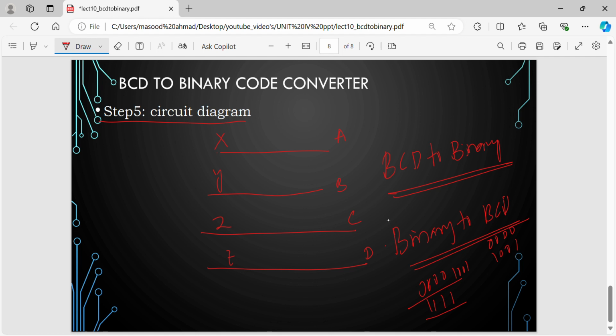But beyond 9, from 10 onwards, in BCD we write 1 followed by 0, 1 followed by 1, 1 followed by 2. That's why binary to BCD needs a converter circuit, whereas for BCD to binary no circuitry is required because they are compatible. With this, I will stop here. I hope you got the whole process of BCD to binary code conversion.